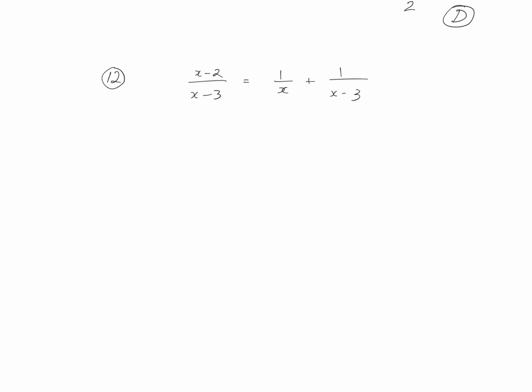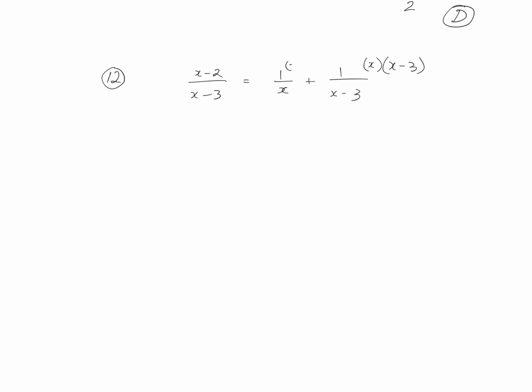To solve this, we're going to use a process which many math people call clearing the denominators. We're going to multiply both sides of the equation, which means multiplying every term on both sides, by something which ends up canceling all of the denominators. In this case, we multiply each term by x times x minus 3.